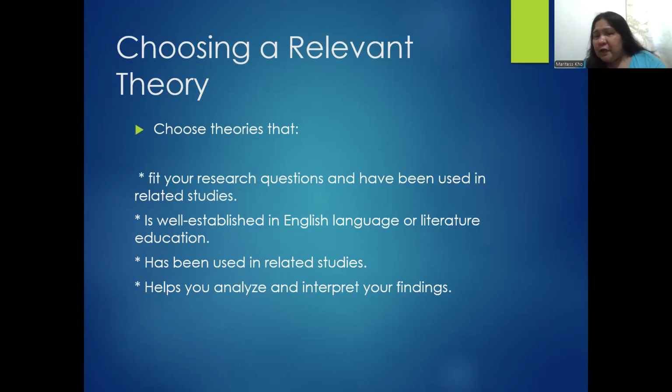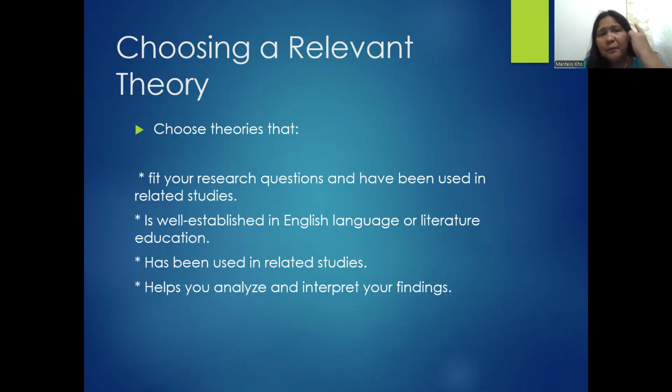Now, if students with higher motivation read more literary texts, then you can use self-determination theory. Because self-determination theory helps explain that intrinsic motivation leads to greater engagement.